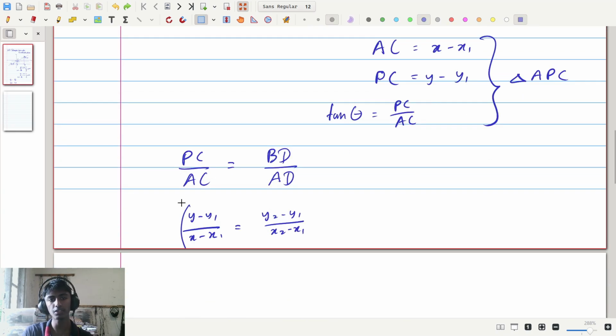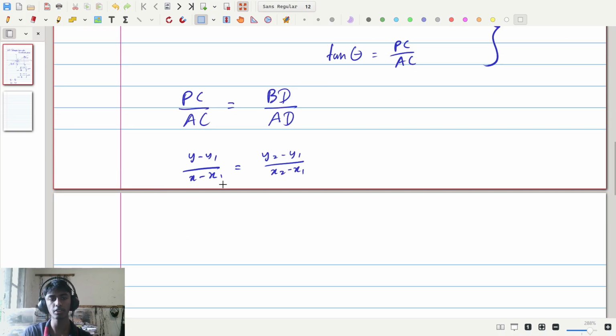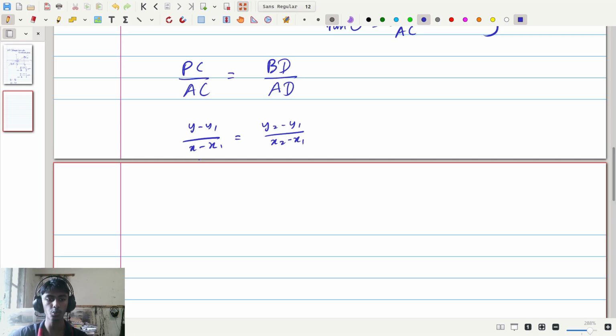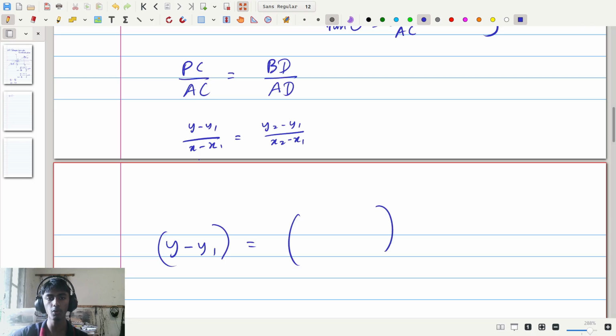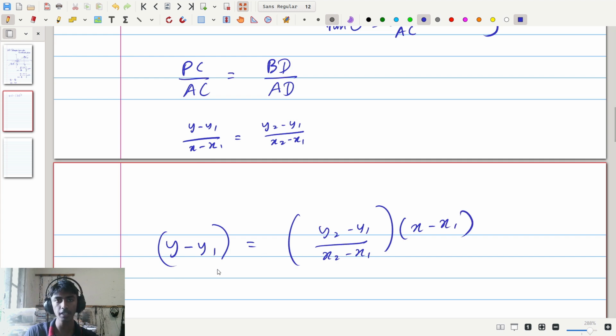To combat this issue, let's multiply both sides by x minus x1. When we do that, we get y minus y1 equal to, I'm going to put this whole thing inside of a single block, y2 minus y1 divided by x2 minus x1, and the other part is x minus x1. This is now a little bit better format for our straight line.